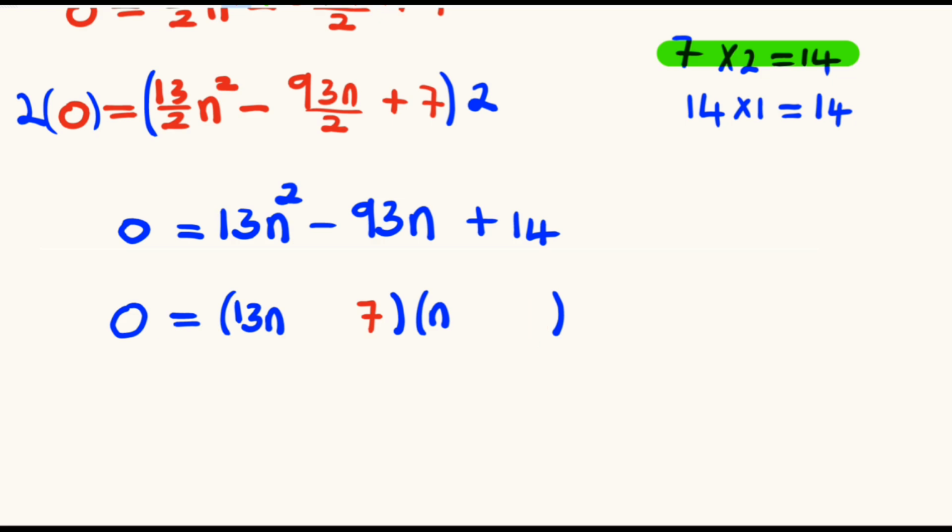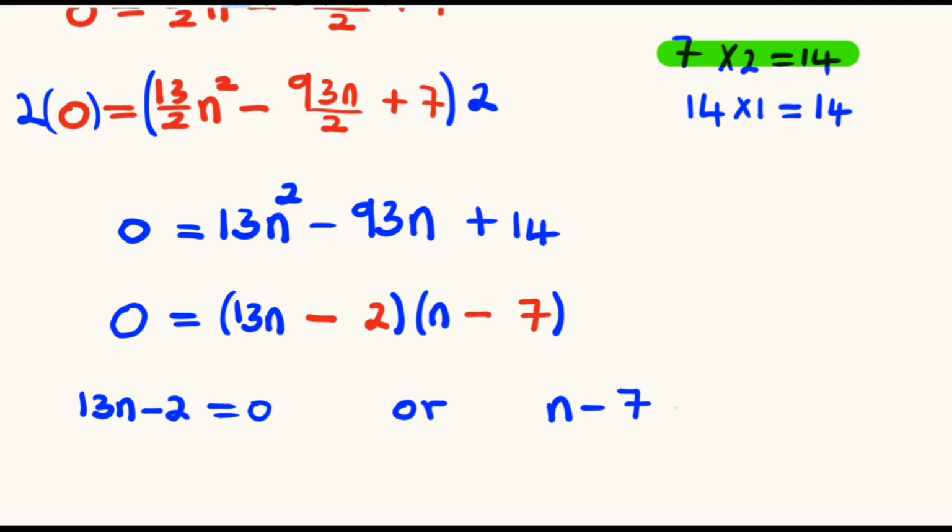Okay, this one is not going to work, so let's flip and have the 7 and the 2 there. So this one is going to work, but we must have both the negatives inside the parentheses. So 13 multiplied by n minus 2 will be equal to 0, or n minus 7 will be equal to 0.